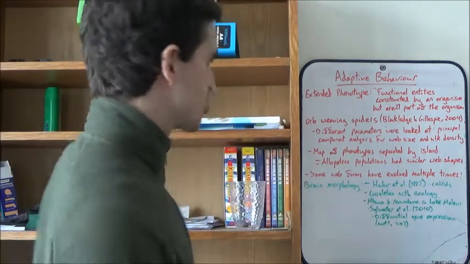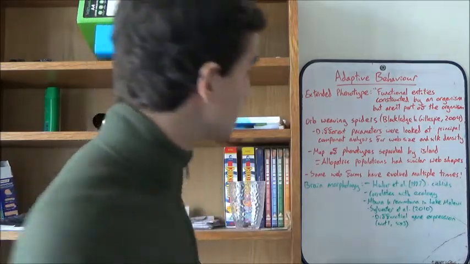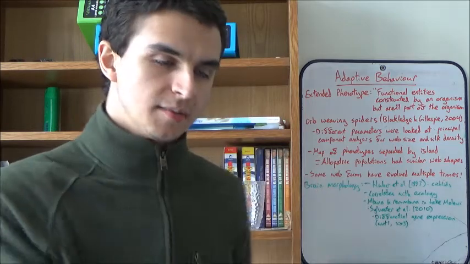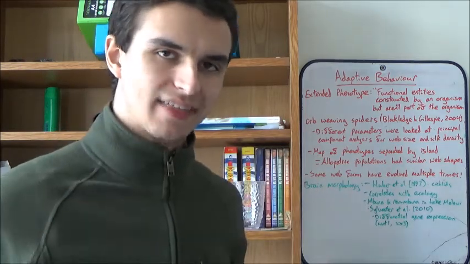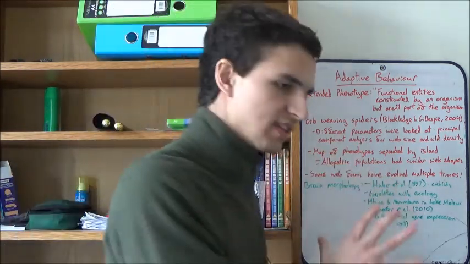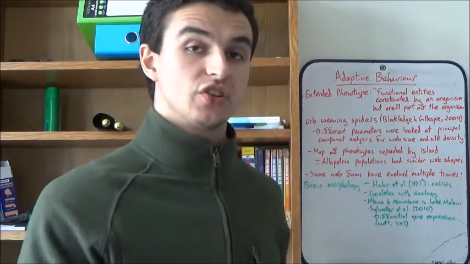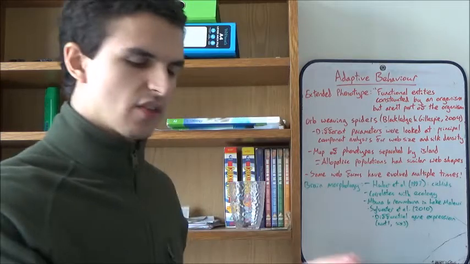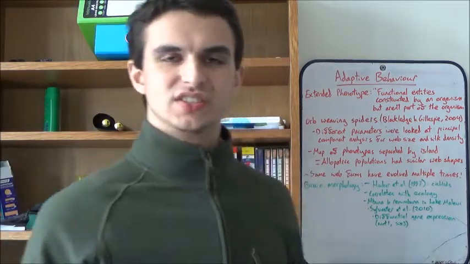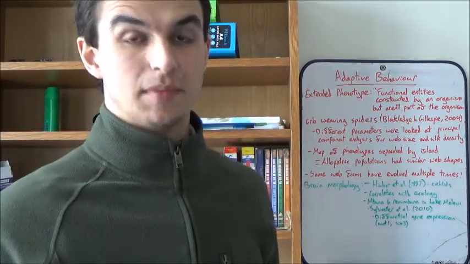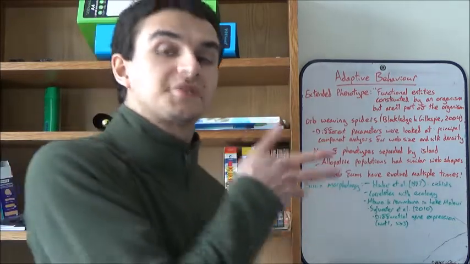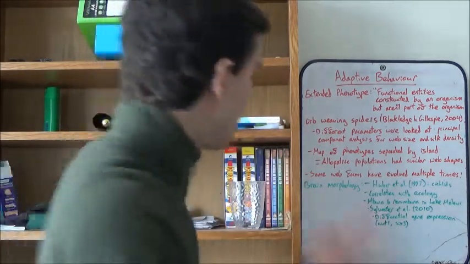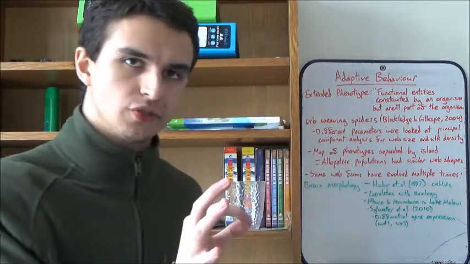Okay, so Blackledge and Gillespie in 2004 was studying these orb-weaving spiders in Hawaii, particularly in the genus Tetragnatha. Okay, and in this genus there's a huge adaptive radiation on the islands of Hawaii. Now, one thing to take into account, on each of the Hawaiian islands, the conditions are relatively similar. Although many of the species of spider look quite similar, you can tell them apart more easily by looking at the webs they produce.